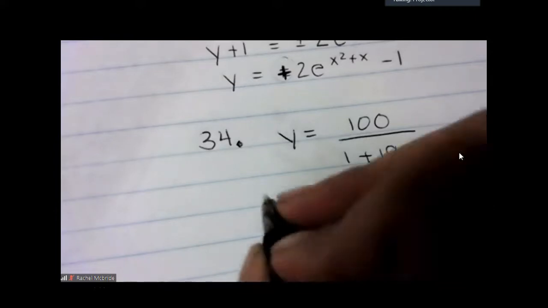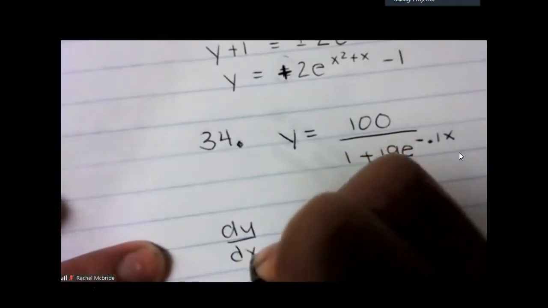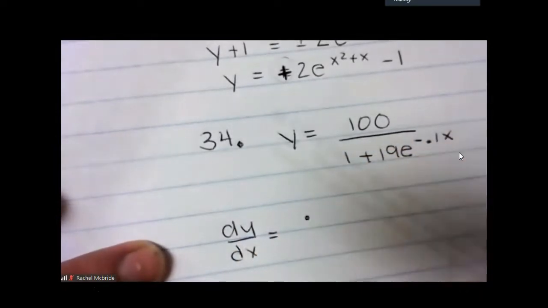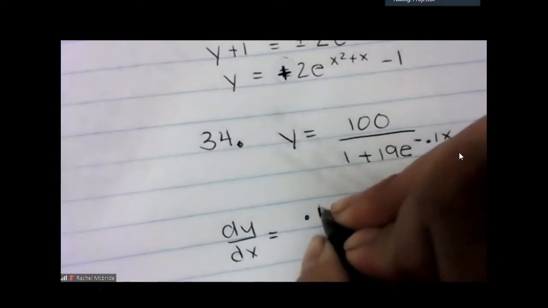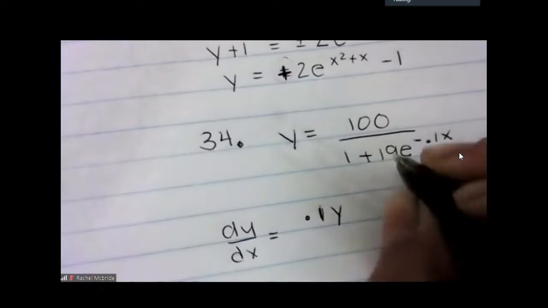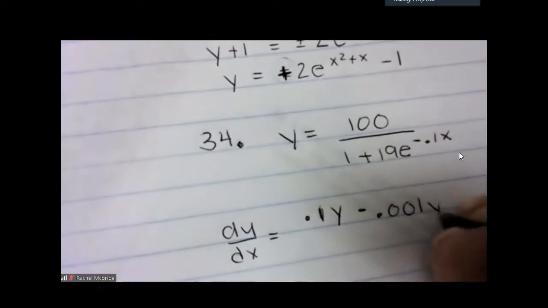So 34, if we look at that, what I would do to start is take that 0.001 and multiply it by 100. And that leaves you with 0.1y minus 0.001y squared.